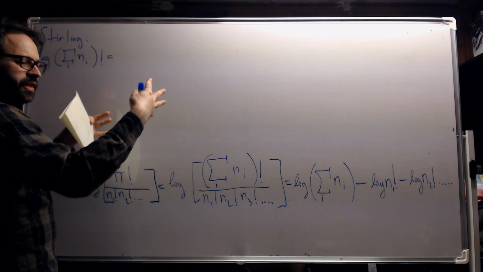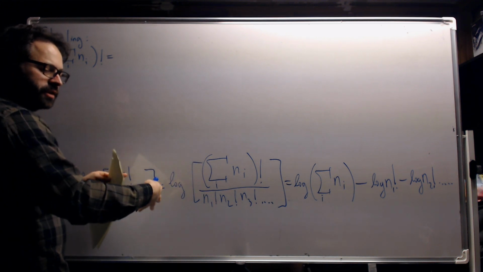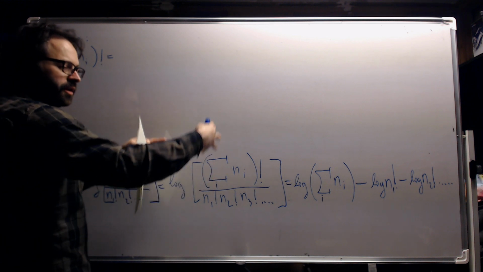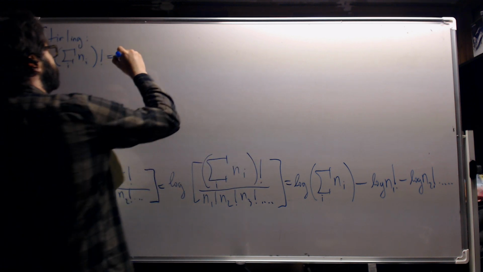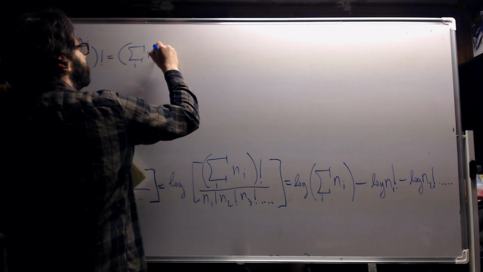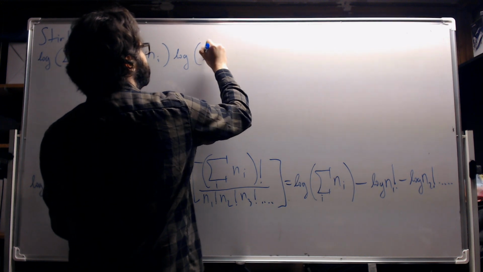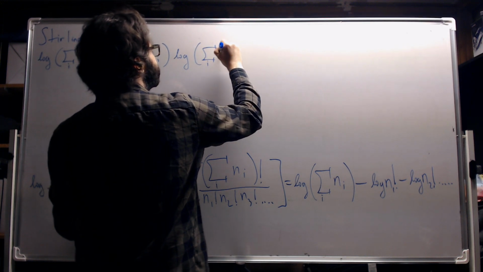So log of the thing inside the parentheses factorial is thing in parentheses, log of thing in parentheses, minus thing in parentheses. So this should look like the sum of ni times log of the sum over ni.